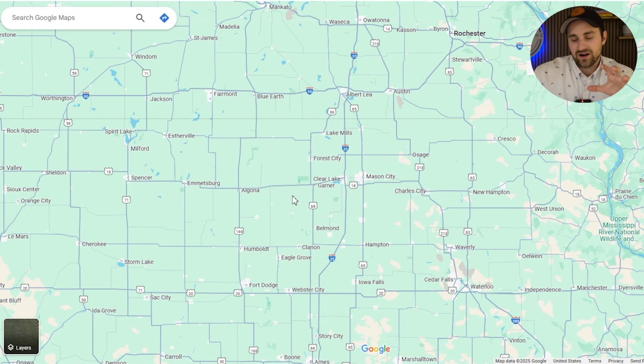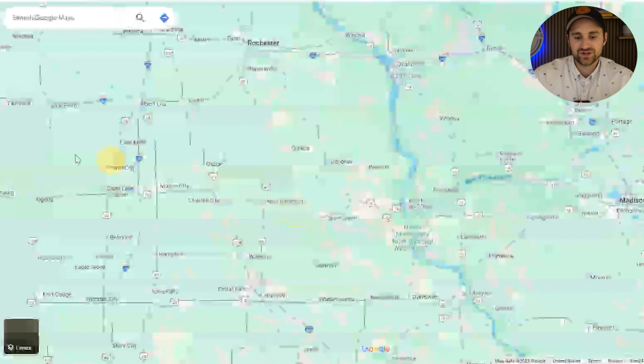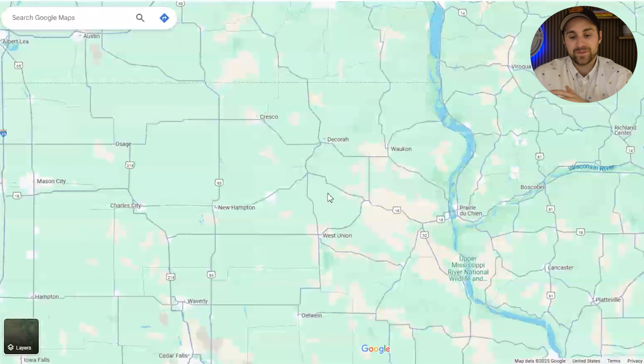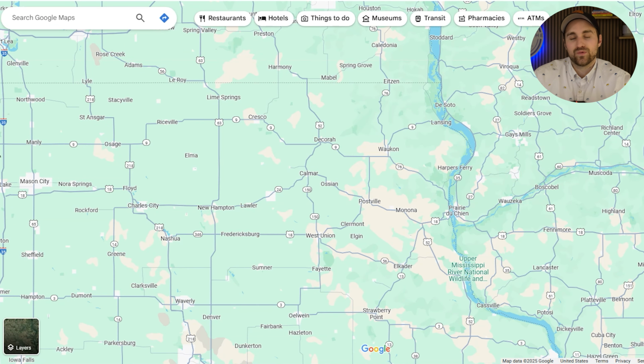So now that we got our 3 different sections, clear my map, we'll zoom into North Iowa first and talk about some of the features I like about North Iowa. If we start over here on the east side of Iowa, this is what I would consider more of the rugged part of Iowa.